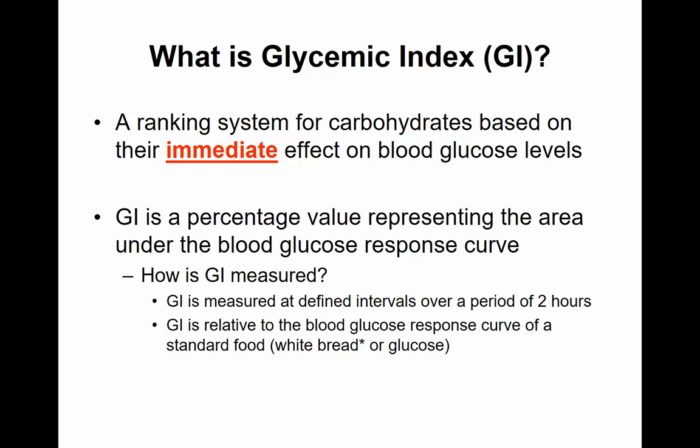So GI is usually a ranking system for carbohydrates based on their immediate effect on blood glucose levels, right?